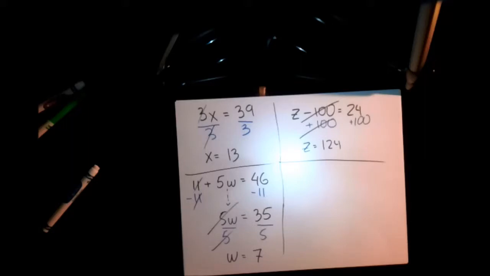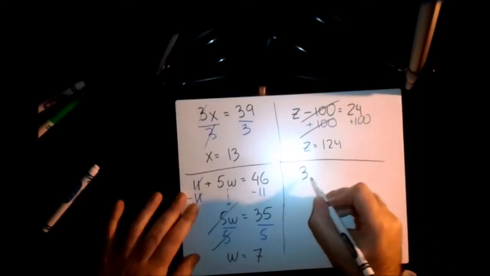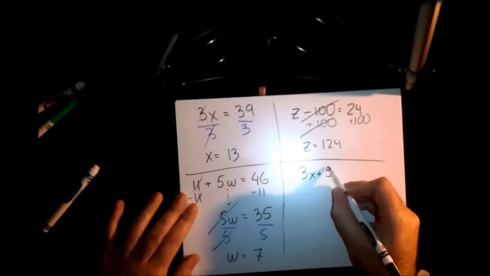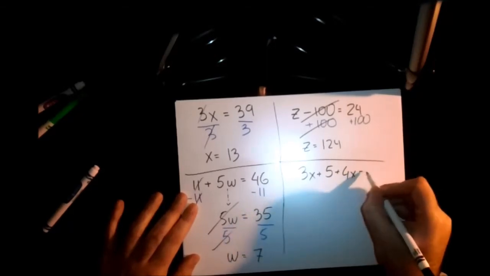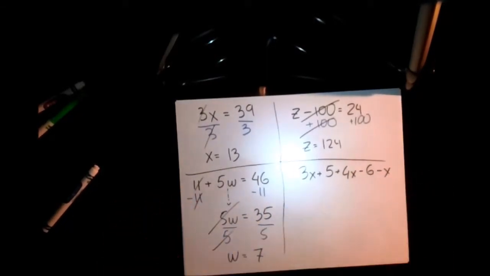This is a problem from the previous section, 3.2, so I'm hoping it's very, very fresh on your minds right now. So let's give you an example. Let's say we have 3x plus 5 plus 4x minus 6 minus x.